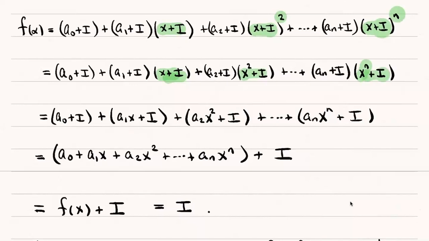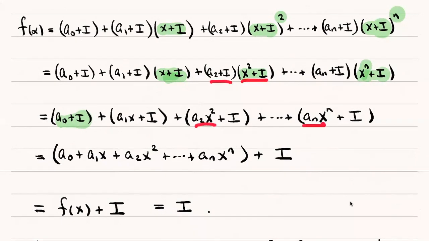Okay, the next line, more coset multiplication. Nothing happening with this constant term, but the product of these two cosets, the coset containing a1 and the coset containing x, is the coset containing a1 times x. The coset containing a2 times the coset containing x squared is the coset containing a2 x squared, and so on.